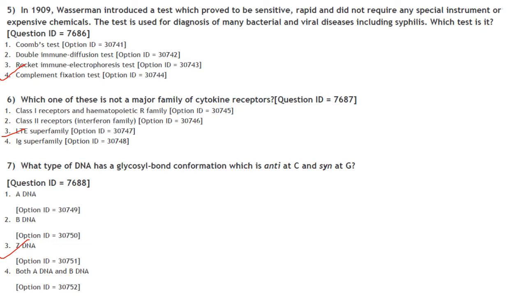The syn and anti conformations are two conformational forms of the nucleotide around this bond, and the two forms are interconvertible, by rotating the glycosidic bond without the need to break the bond. So the DNA which has glycosyl bond conformation anti at C and syn at G is Z DNA. Answer is option 3.